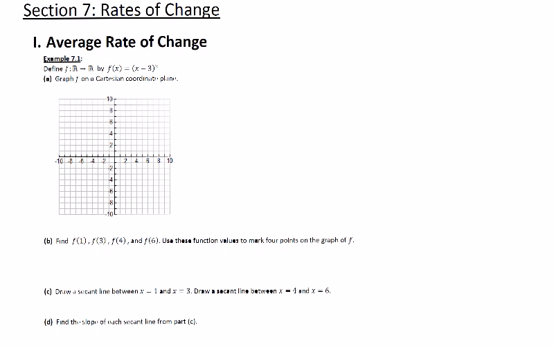For example 7.1, it's giving us a function f, and f is defined over all real numbers using the equation f of x equals (x minus 3) squared. I would ask that at this point you get ready to pause the video and graph this for yourself.